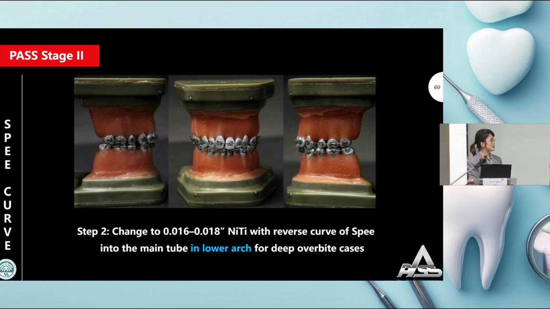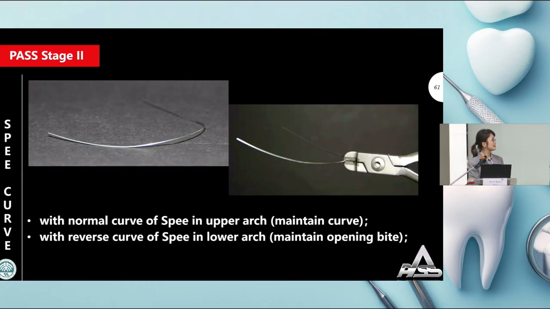And we change to a 16 or 18 nitinol wire with reverse curve of Spee into the main tube in the lower arch for deep overbite cases. There's a normal curve of Spee, just a little angle, not a very big angle. So we can see the main tube with normal curve of Spee in the upper arch and reverse curve of Spee in the lower arch, just reverse it to maintain opening the bite.